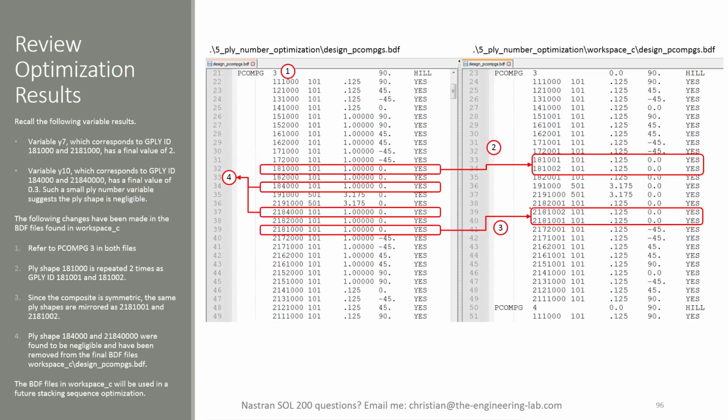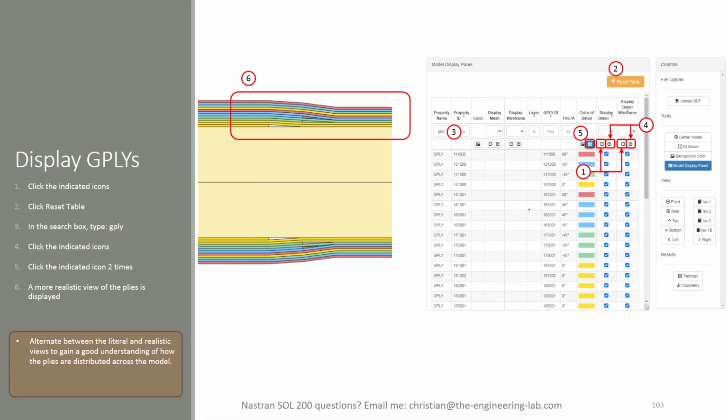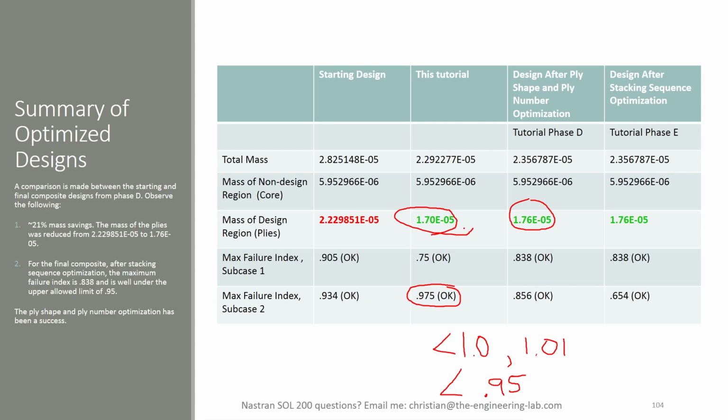I will say that you will most likely not get the same solution, but as long as you get a mass that is lower than before, you have successfully used the strategy that's shown in this tutorial. In the end, I believe that if you get a mass for the plies that's around this value of 1.7, I think you've gotten pretty close to the solution in this workshop. So again, do not try to get the same solution. Just try to get close.